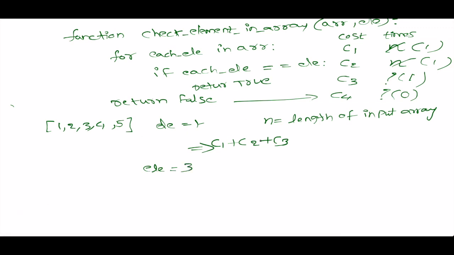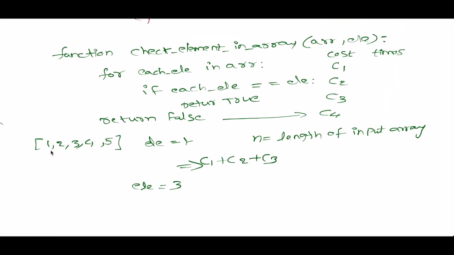Okay, so in this case let's analyze. The iteration will happen here and then here, and when it comes to here it will find it, right? So let's say 3 times, and this also 3 times, and this statement 1, and this 0. So now let's see this. So 3c1 plus 3c2 plus c3, right?